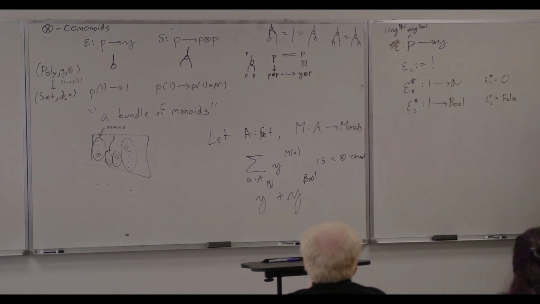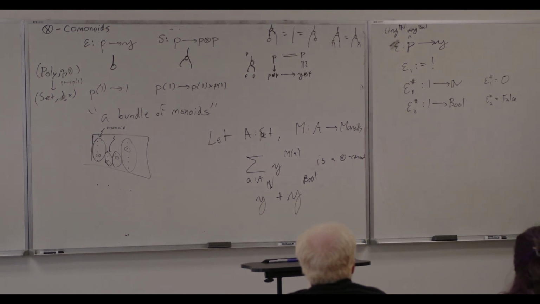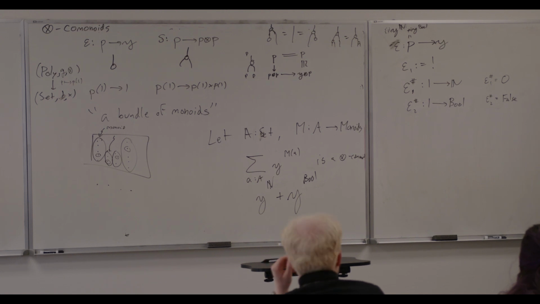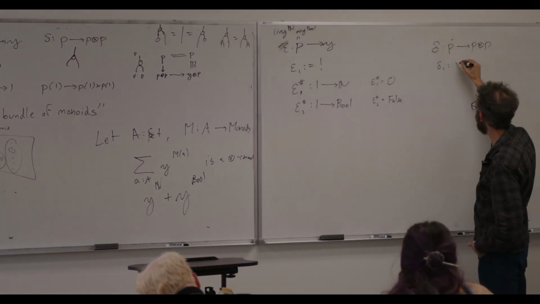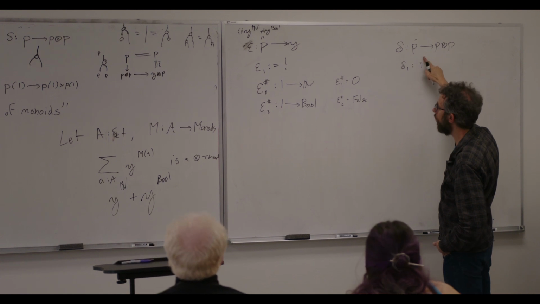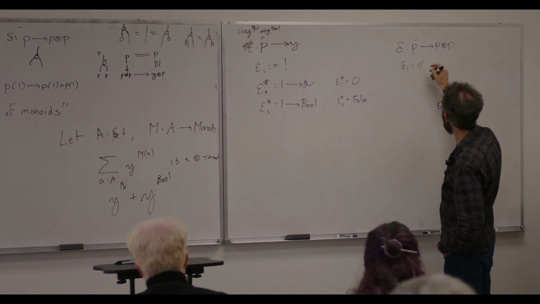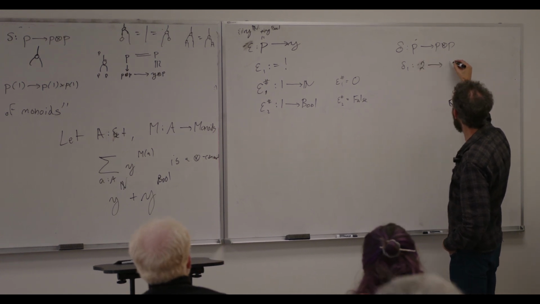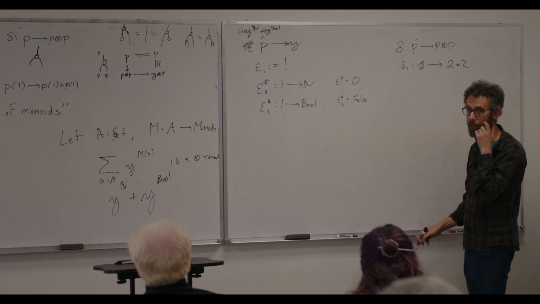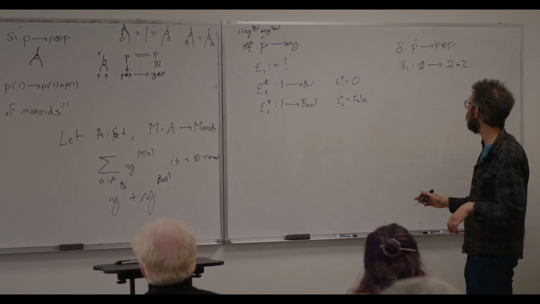Okay, so now delta is supposed to go from P to P tensor P. So we need delta 1 that takes P of 1, which is a 2-element set, the 1 and 2, and we need an element of 4.